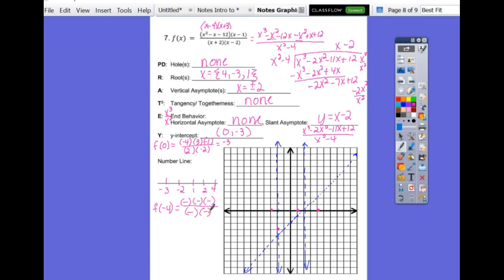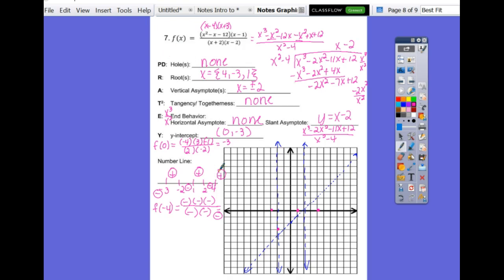So this gives me a negative divided by a positive, which means it's negative. If I start negative, each one of these is going to alternate now because I have no tangency and no togetherness. So this is positive, this is negative, this is positive, this is negative, and this is positive.